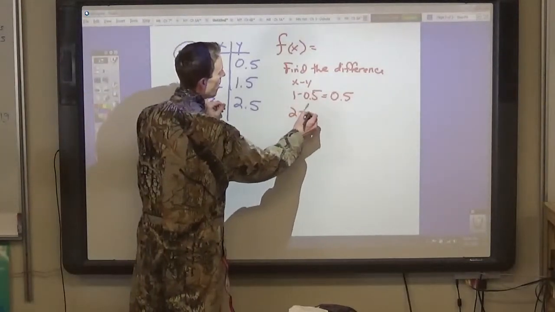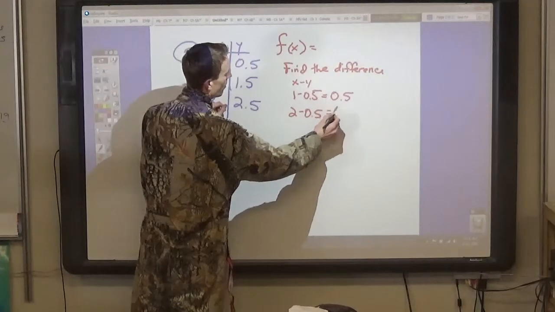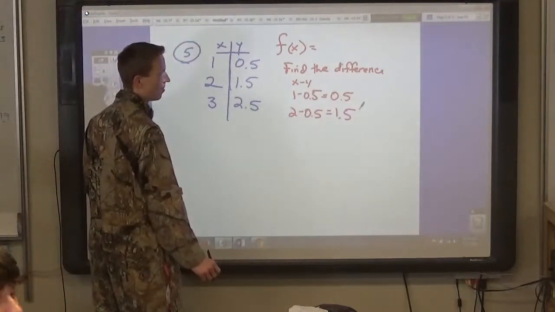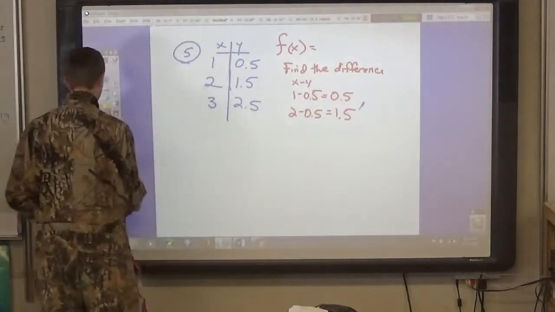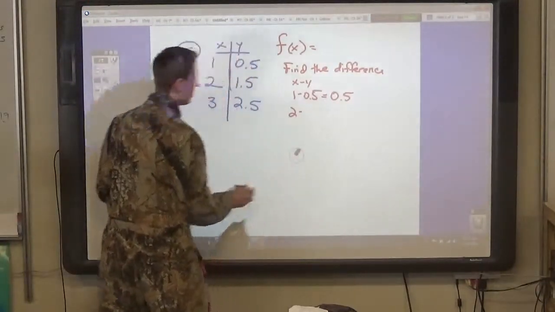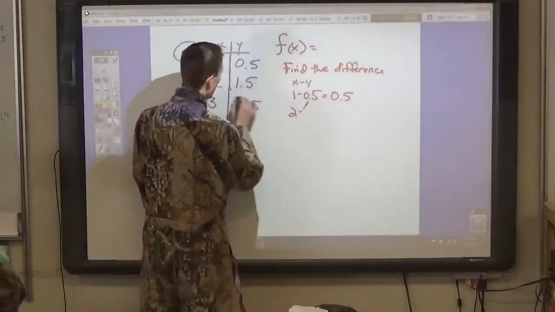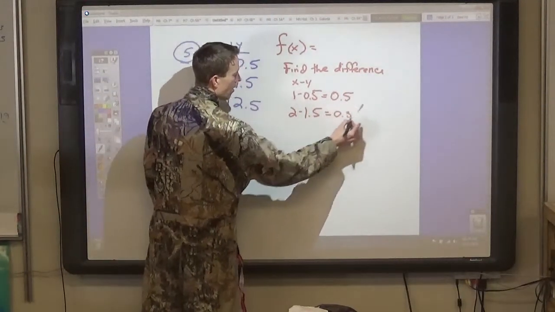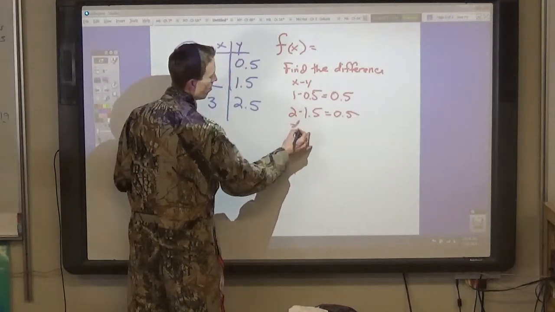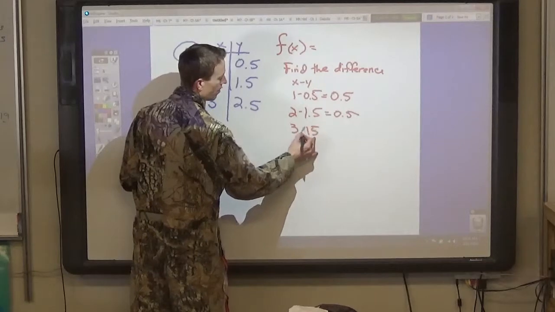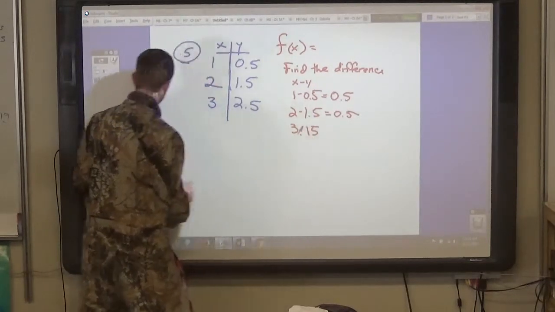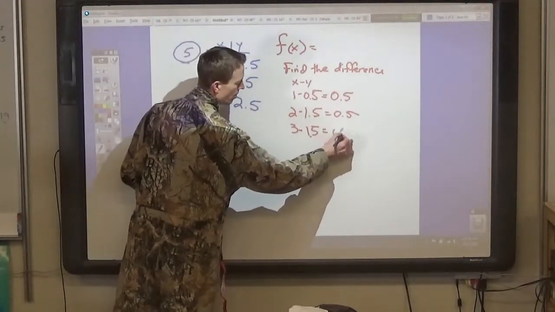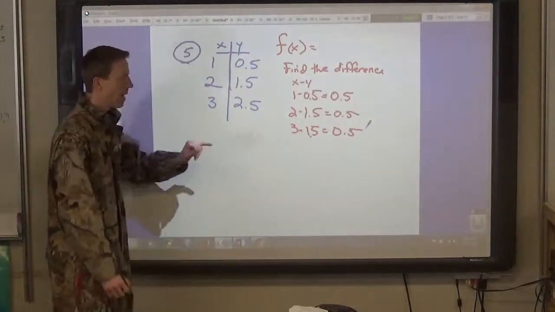And 2 minus 1.5 is 0.5. We go the other way, because we'll use the given numbers. So take x minus y. 3 minus 2.5 is 0.5. So we have discovered a pattern, right?